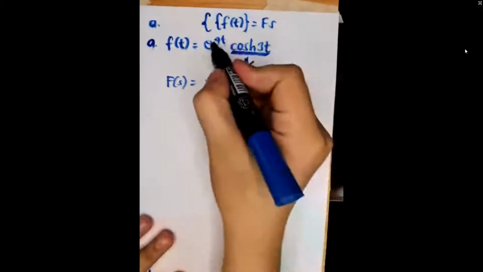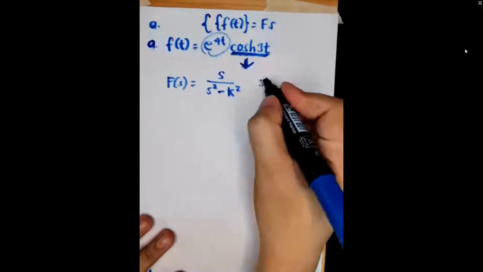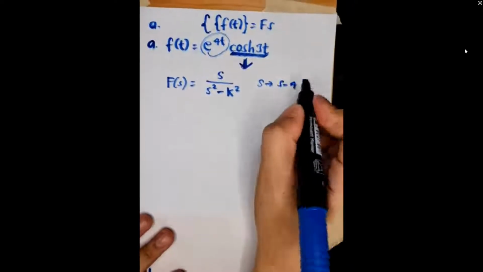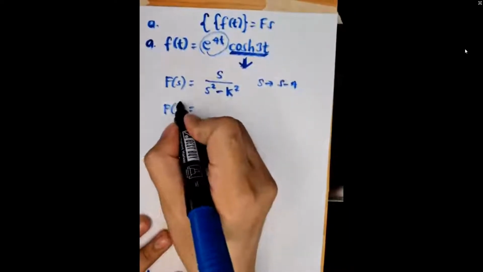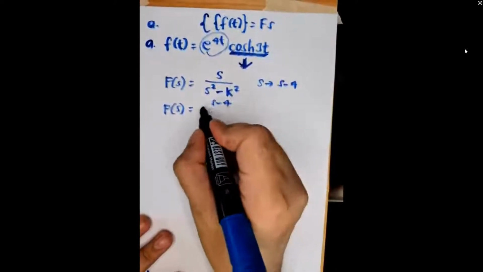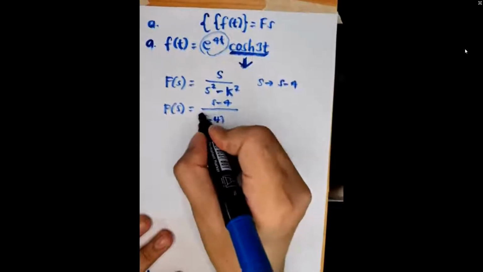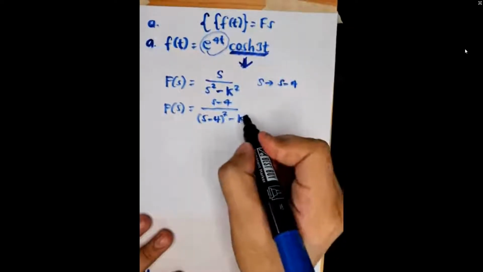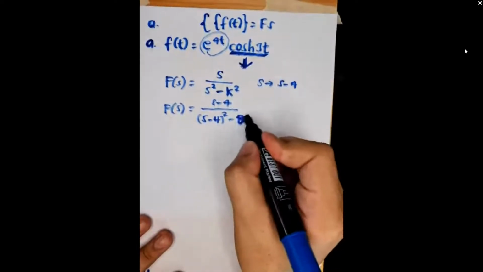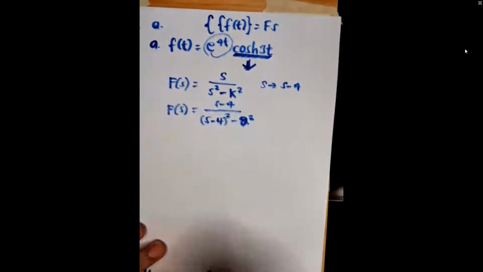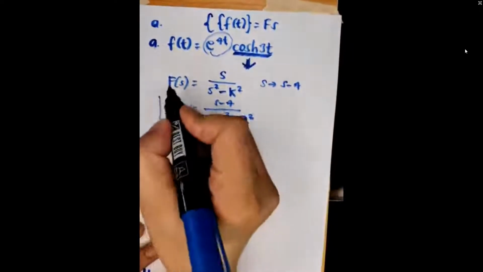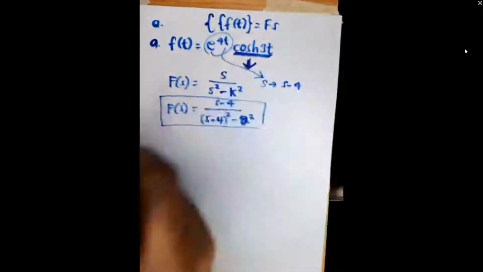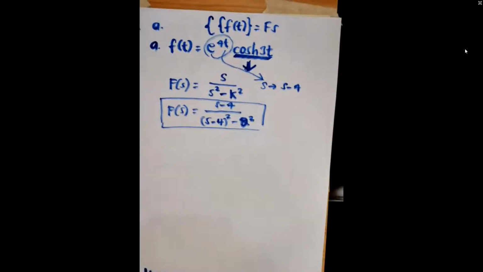Ayan. Kaya lang, since meron tayo nito, yung s natin magiging s minus 4. So therefore, yung transfer function niya will be equal to s minus 4 over (s minus 4) squared minus, anong k natin? 3. It's 9. Ayan. Okay, so pwede na itong sagot. Okay, because of this, kaya nagkaroon tayo ng transformation from s to s minus 4.